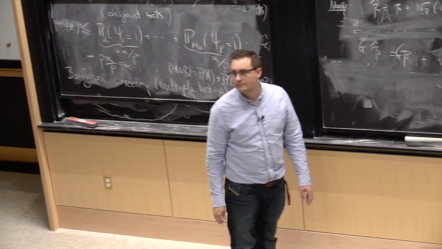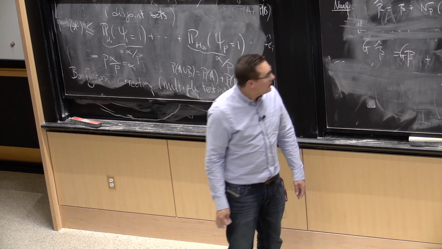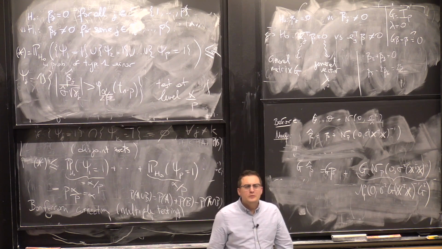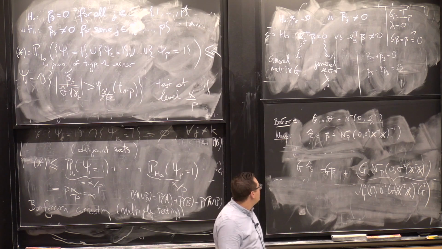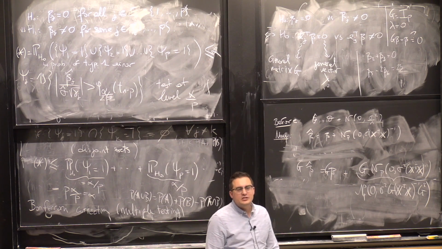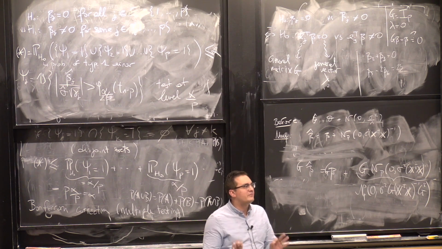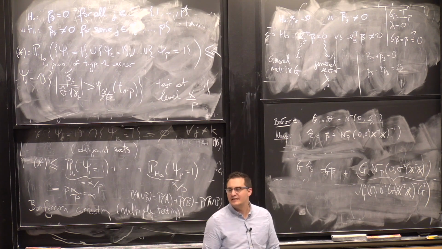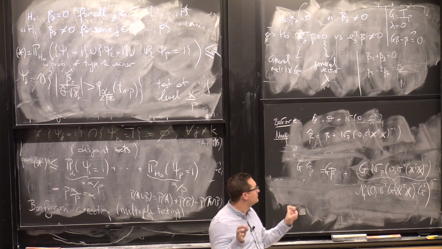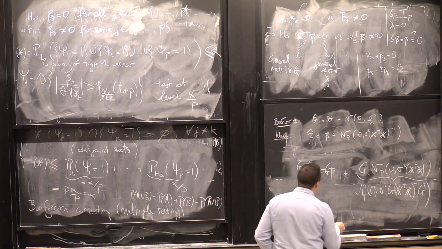Now, I'm not going to be able to go much farther. I made this very cute observation that Ej transpose a matrix times Ej is the jth diagonal element. Now, if I have a general matrix, the price to pay is that I cannot just shrink this thing any further because I'm trying to be abstract. And so I'm almost there.